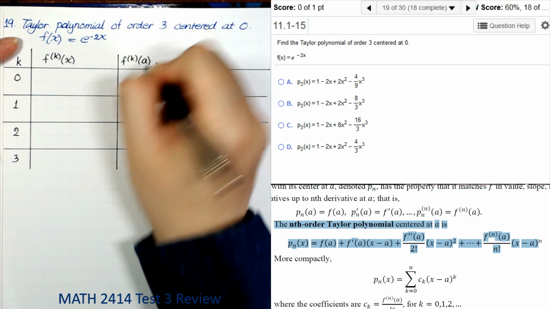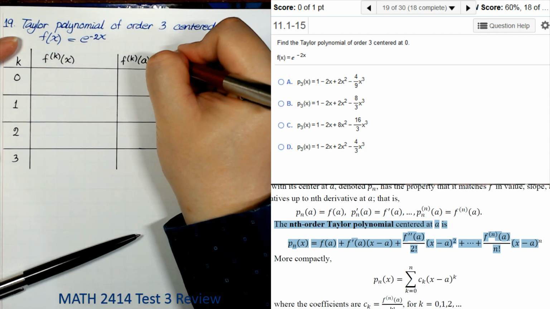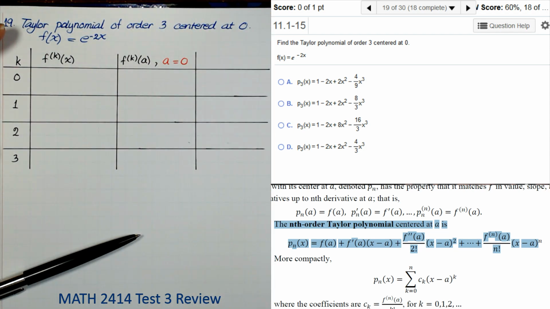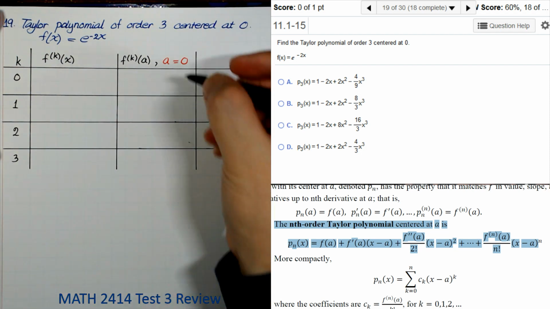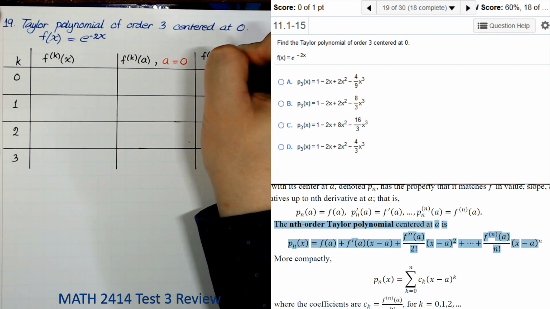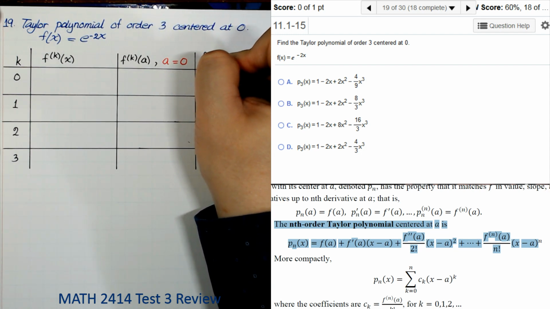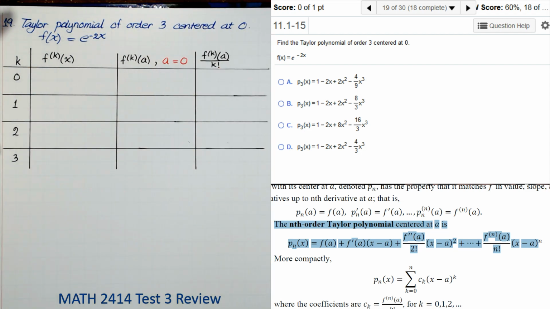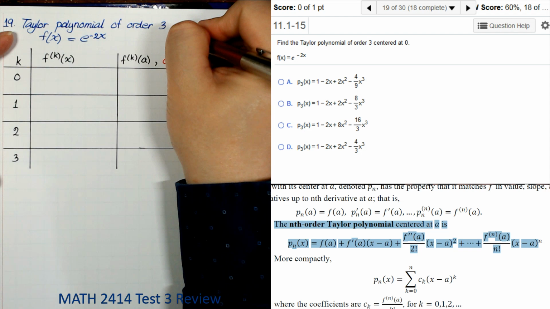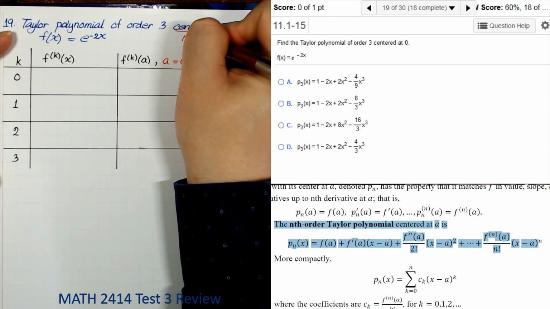In this problem, a is equal to 0, and later on we know that a Taylor series with center 0 is also called a Maclaurin series.